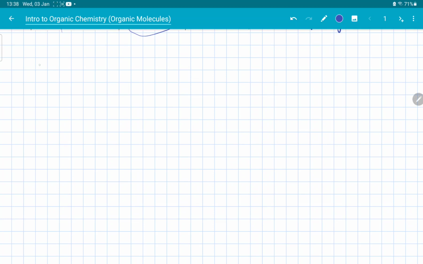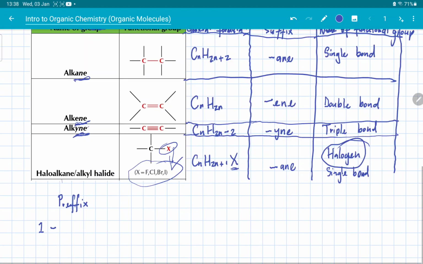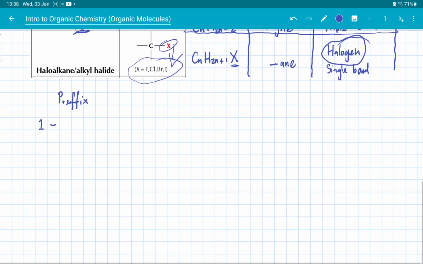If an organic molecule has one carbon, whatever molecule, whichever group, functional group or homologous series it belongs to, your prefix for the main continuous chain is meth, as in methane for example. Two is eth. Then three is prop.